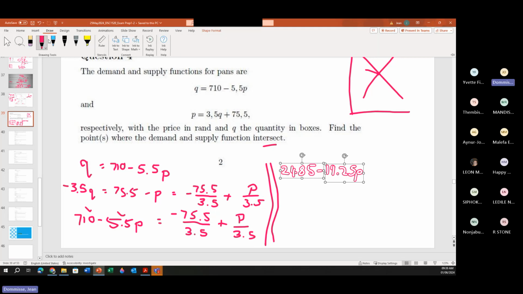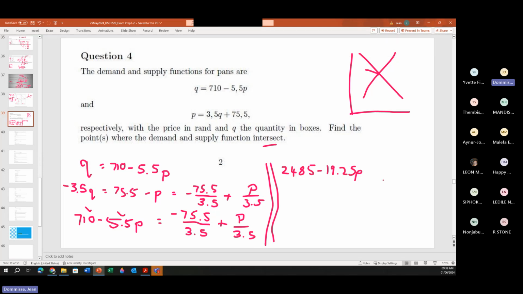And that was the other way that I was also thinking, was to substitute it. So this is the first way. So you've covered that. Then it is minus 75.5 plus P. And then if you work that out, the minus will go to the 2485 plus 75.5.